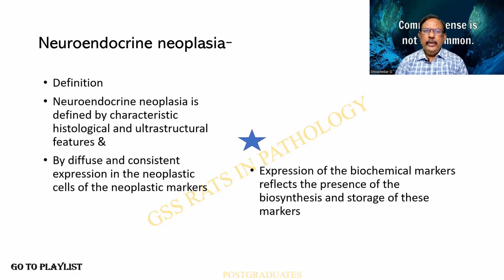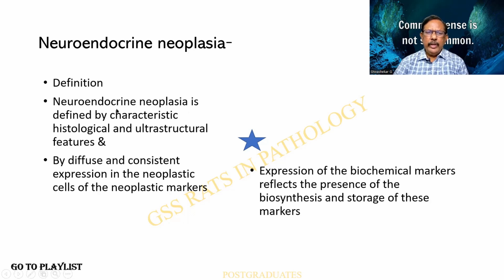Now, going to neuroendocrine neoplasia. The definition is, we'll start with the second line first: the diffuse and consistent expression in the neoplastic cells of the neuroendocrine markers. So these are being continuously expressed or produced.